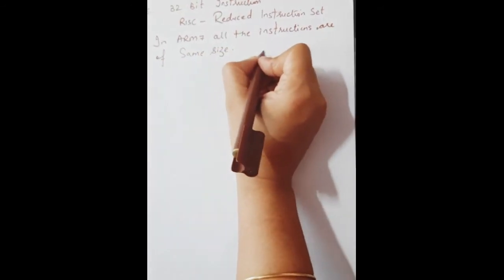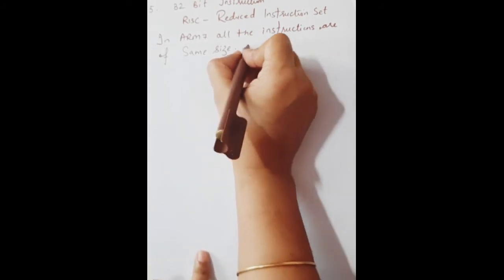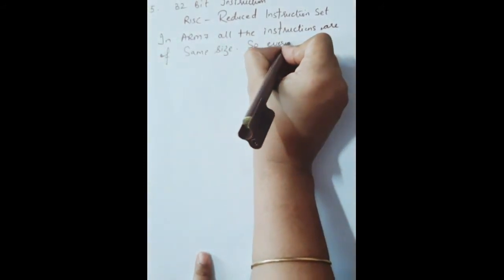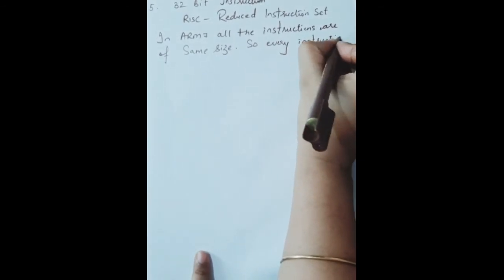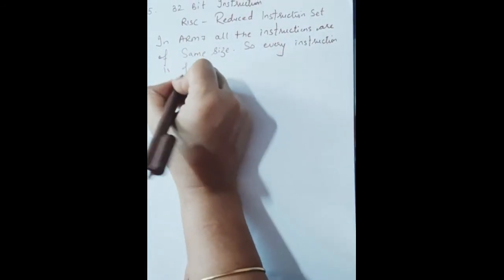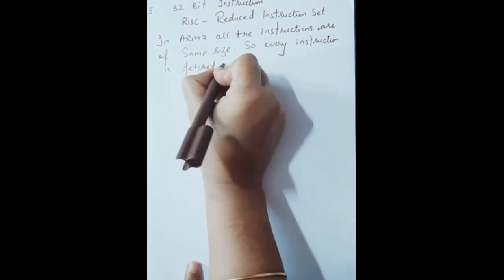In ARM7, all the instructions are of the same size. So every instruction is fetched in one cycle.